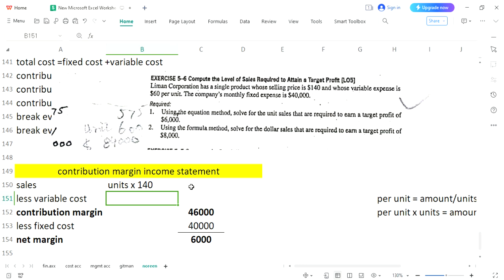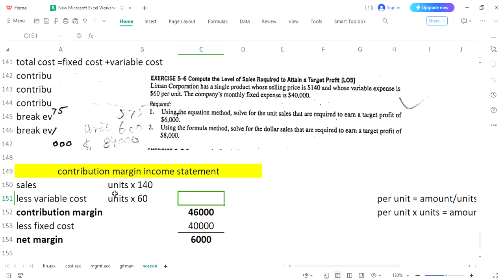Similarly, you were supposed to multiply units with the per unit variable cost, and 60 per unit variable cost is given, but units are not given. So it is impossible to calculate your sales and your variable cost without having units, and units are missing in your question.